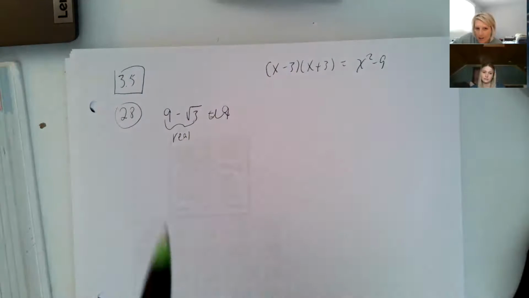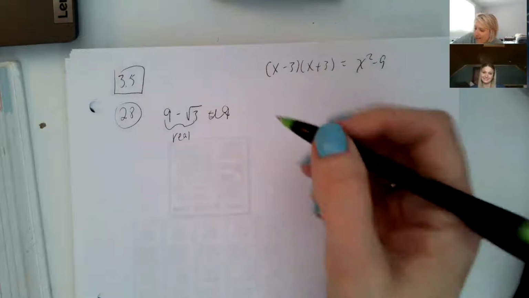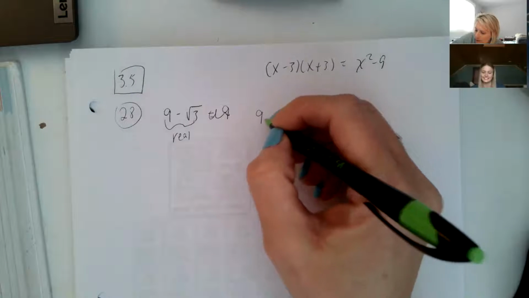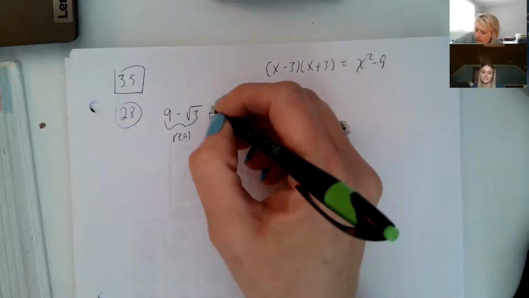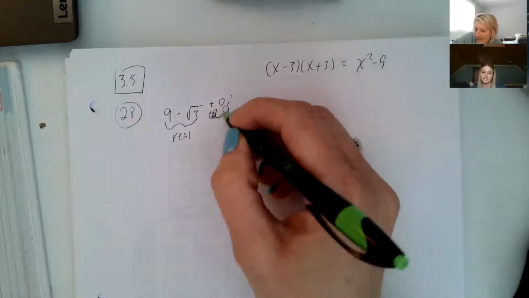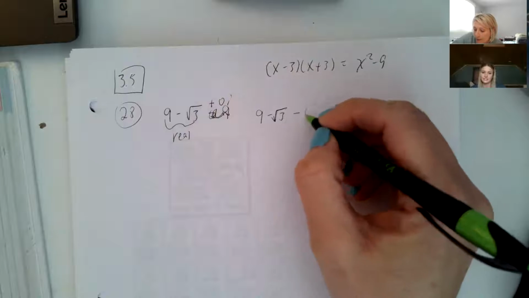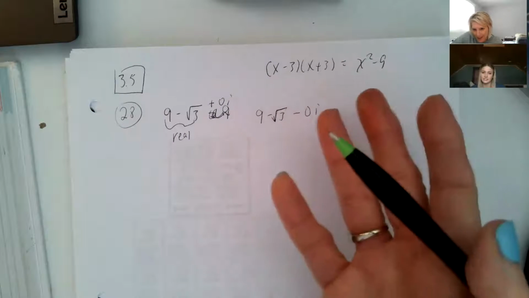So there's an imaginary portion that you're not seeing, which is silly. So this is really just 9 minus the square root of 3. There's no, because this is like an invisible plus 0i. So the conjugate would be a minus 0i, but there's no imaginary piece there anyway.